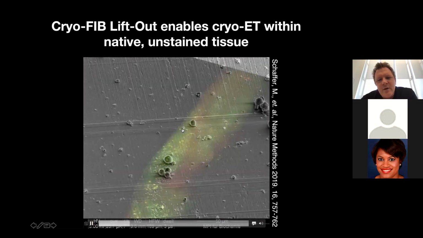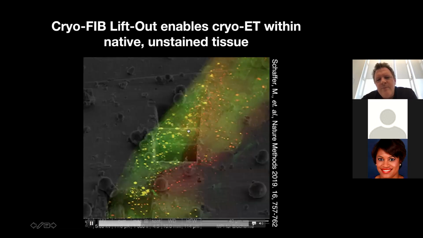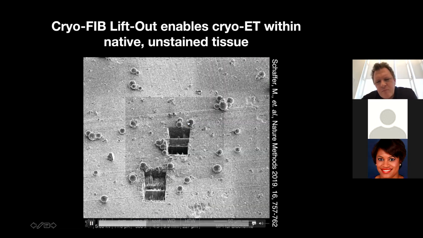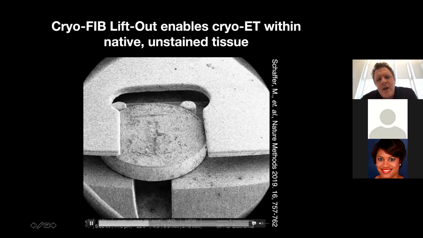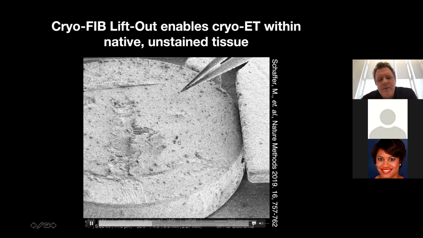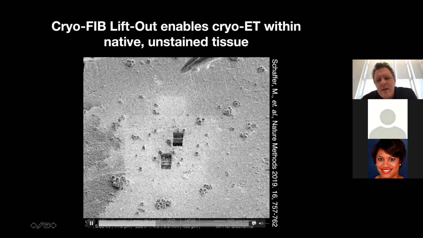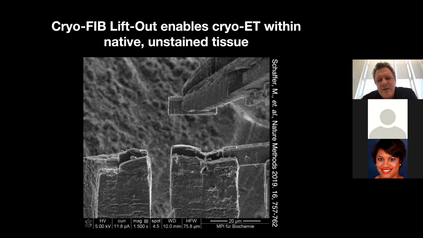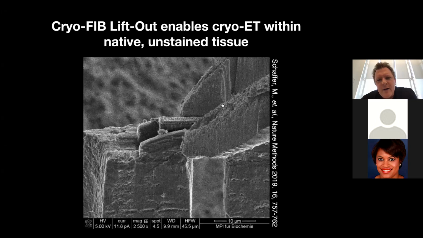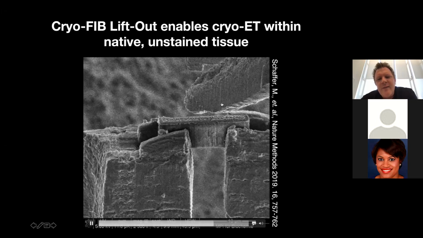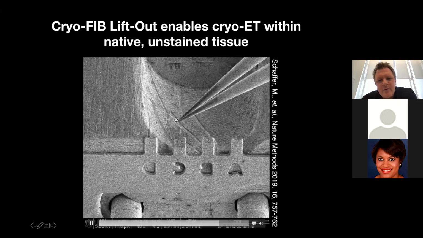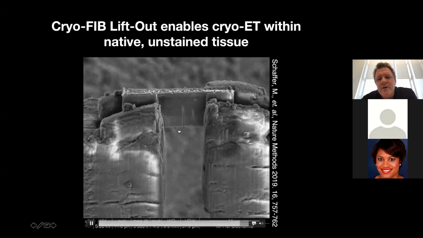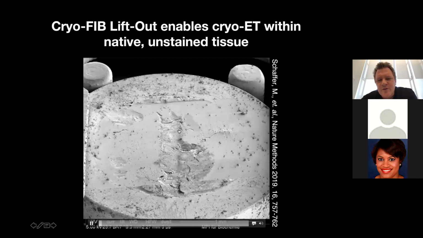Then they focus in on the intestine of the worm. They then create a lamella. Now, in this case, the lamella cannot be imaged because it's buried in a huge block of tissue and ice. And so it actually has to be physically lifted out using cryo-cooled tweezers and then thinned down later so that you can actually then image this in a Krios microscope.